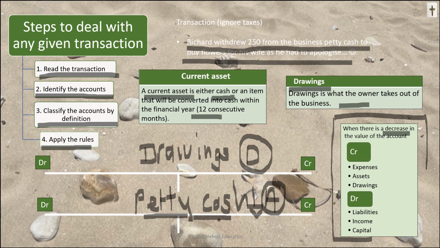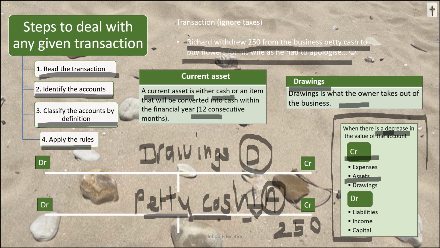According to the rule, when there is a decrease in the value of the assets on our books, so a decrease in the value of petty cash, the account must get credited. A decrease in assets will get credited, in this case with 250.